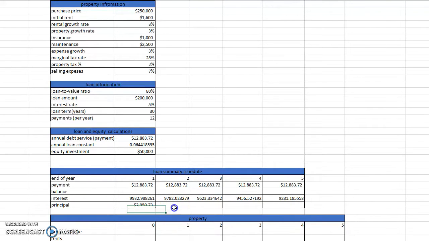And then it's going to be the same over here. Minus the interest. Payment 3. Subtract the interest. And payment 4. Subtract the interest. Payment 5.